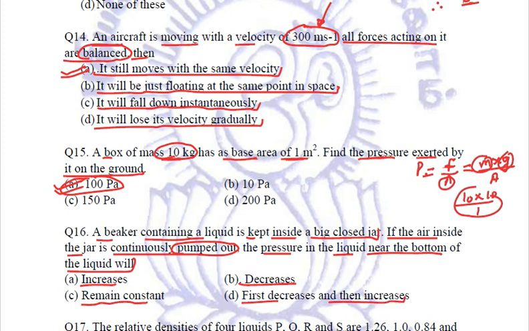Now if the air inside the jar is continuously pumped out, then in that case the pressure in the liquid near the bottom of the liquid will decrease. B is the right answer. Got it? Let us see the next question.